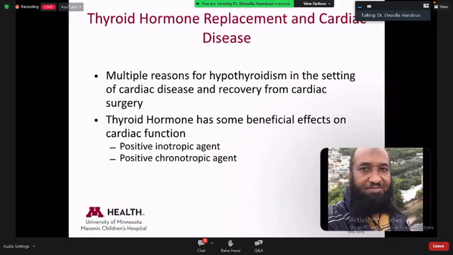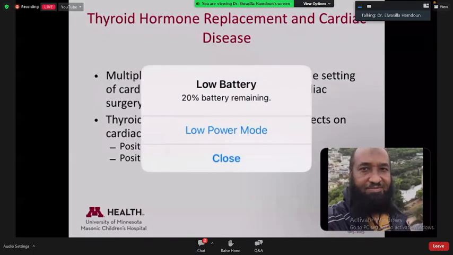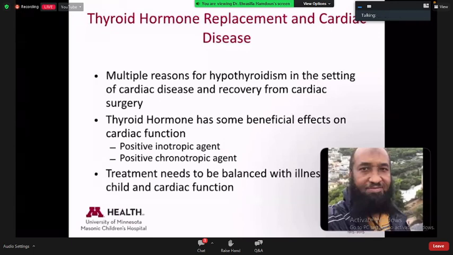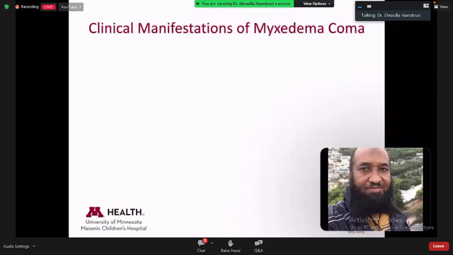So always remember thyroid function tests should be checked in these children. On the other hand, it needs to be well balanced. Overmedication, with excessive iatrogenic hyperthyroidism from giving too much thyroid hormone replacement, can also cause tachycardia and affect cardiac function by affecting the filling of the heart. So it needs to be balanced with the illness and the cardiac function, in collaboration with the cardiologist.